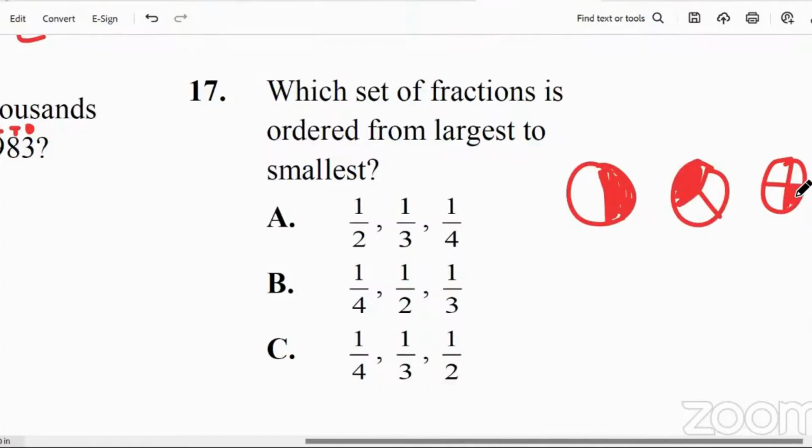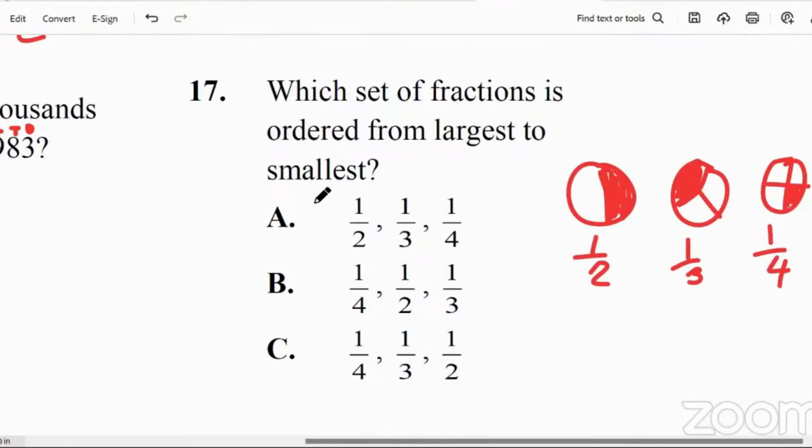All right, so which would give you the biggest slice? All right, obviously the half is biggest, 1/3 second, and then 1/4 slices. You would have gotten a smaller piece. So from largest to smallest would be half, 1/3, 1/4, and that answer is A.